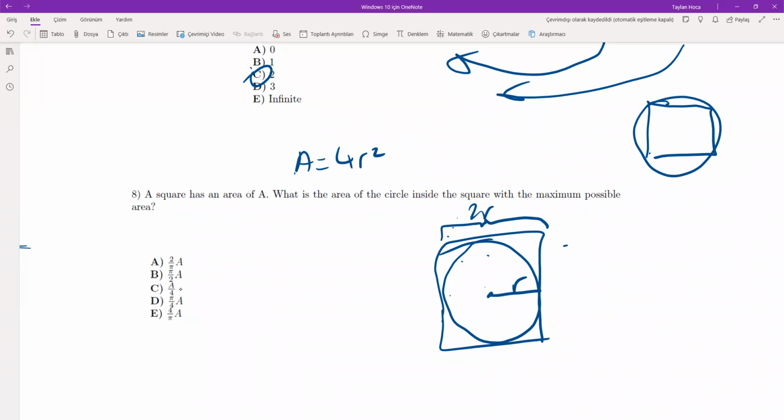And the circle has an area of pi R squared. So what is that in terms of A? Tell me. Come on. If A is 4R squared, what is pi R squared in terms of A? Is that difficult?